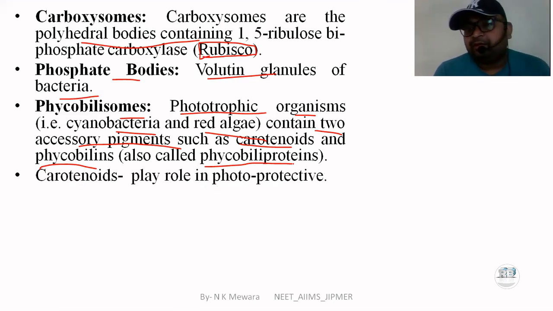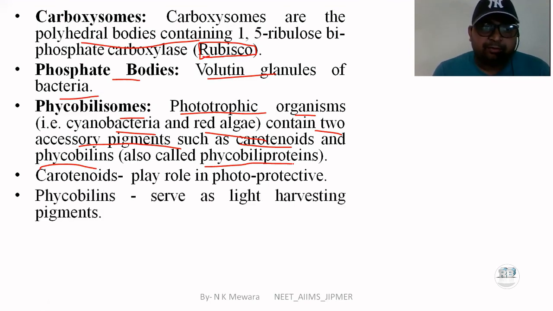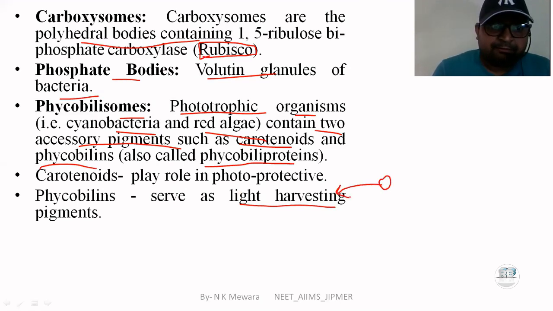Carotenoids play a photoprotective role, and phycobilin is the light harvesting pigment, meaning sunlight is absorbed by the phycobilins or phycobiliproteins.